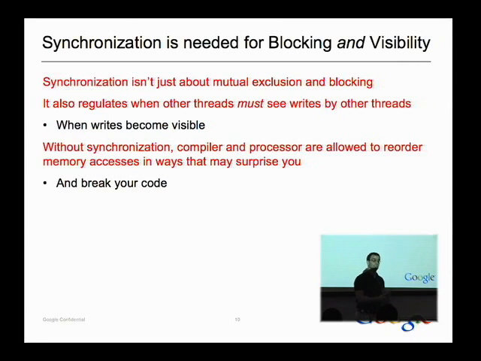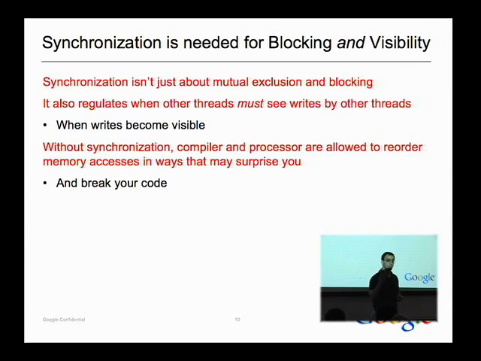And that's a very important property of a mutual exclusion lock in Java or in C++ or in any other language. But it turns out that's not the only property of a mutual exclusion lock. There's also this property called visibility, which ties into a property called ordering. We'll talk about it. So it turns out that when I use a lock, it determines when another thread sees the updates that I've performed in my thread.